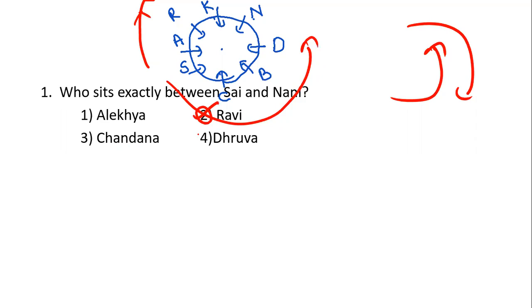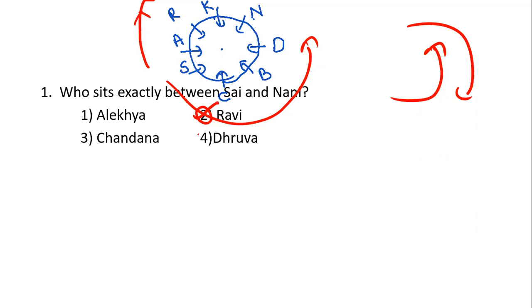Okay. So specifically they'll sometimes mention in the question the clockwise direction, like from Sai, who is exactly between Sai and Nani, or the anti-clockwise direction. Here they did not mention anything. We checked both ways, clockwise and anti-clockwise, and we have a clockwise direction answer, that is Ravi. What if both answers are given? What if Bhavana and Ravi, both names, are given in the options?